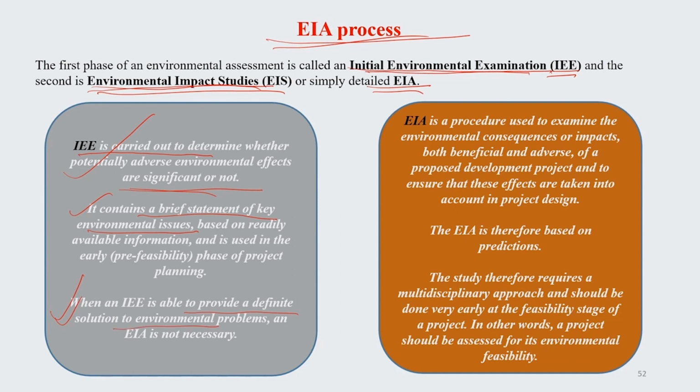Okay? So, on the other side, EIA is a procedure used to examine the environmental consequences or impact, both beneficial and adverse, of any proposed plan or development project. EIA per se is based on predictions.